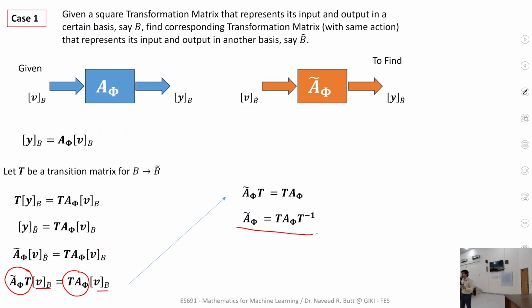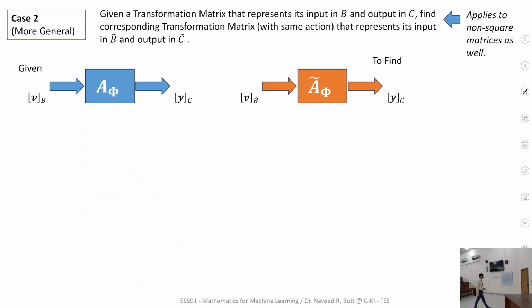That's all. So the effect is the same, but the representation in bases differs. And T inverse, this only works for square matrices. Similar is for square matrices. Now we will look at the equivalent one that we did, but it will be exactly the same.